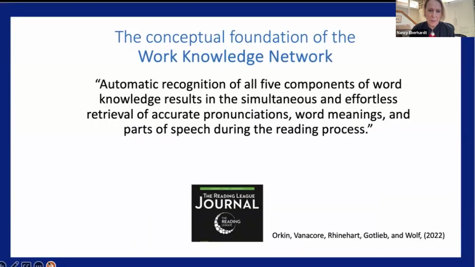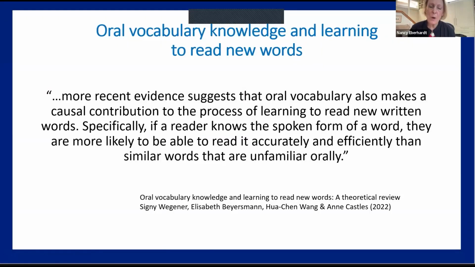In the same article I mentioned earlier, the reason this model is so critical to us is that it is the automatic recognition of these components that will bring us to being automatic and comprehending readers. So what I think is important is that we have the reverse, or the impact of oral language on the decoding process.